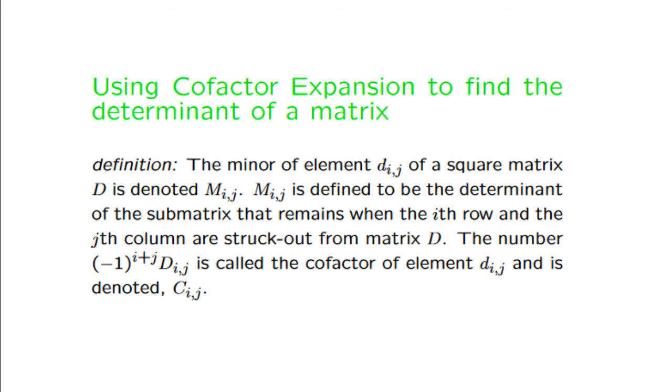And then this minor is defined to be the determinant of the submatrix that remains when we remove the ith row and the jth column that line up with their intersection at element D with that subscript ij, whichever element D that we had chosen.